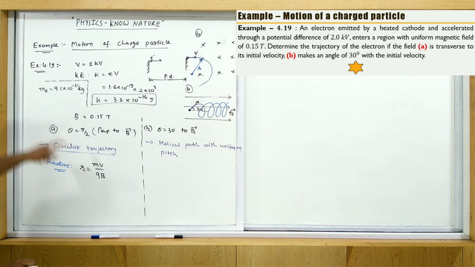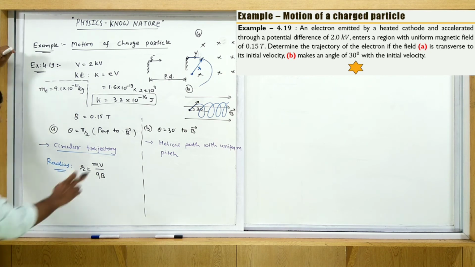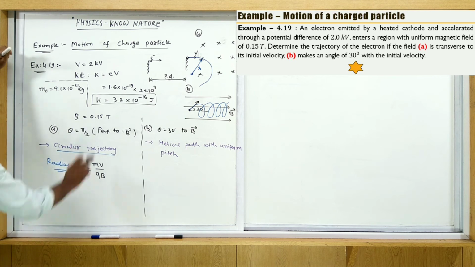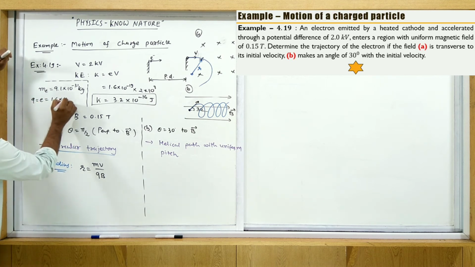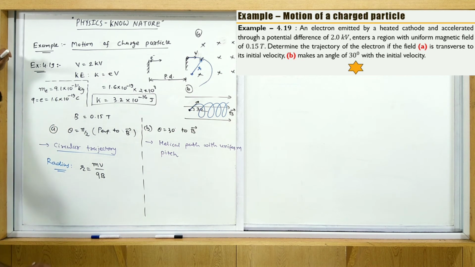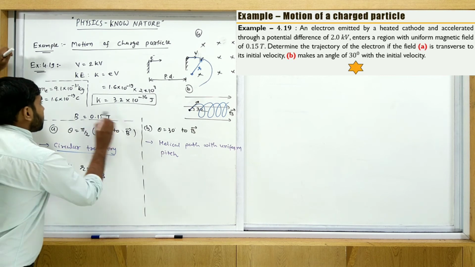But v is unknown here at first, so you find v. Now q means electron charge, so q is equal to e, which is 1.6 into 10 raised to minus 19 coulomb. Now B is given to you, so everything is given, only v is unknown in our case.